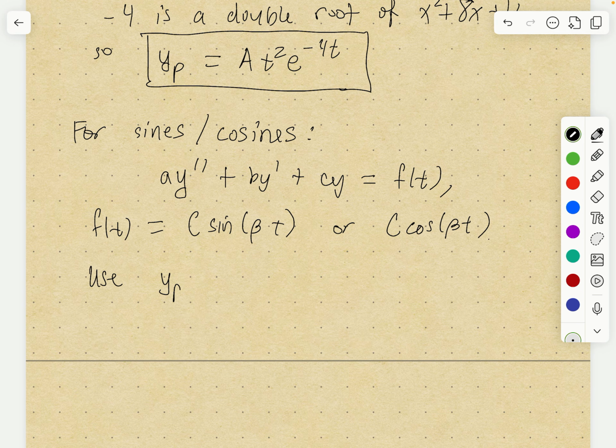Then it turns out that if you use yp as a sine beta t plus, say, capital B times cosine of beta t, this will work.